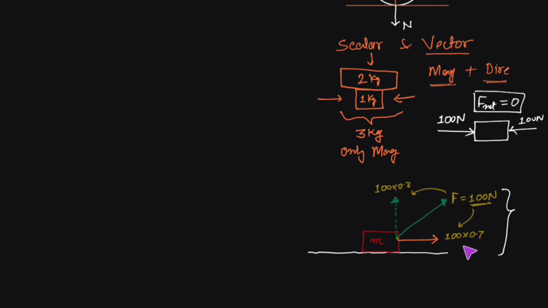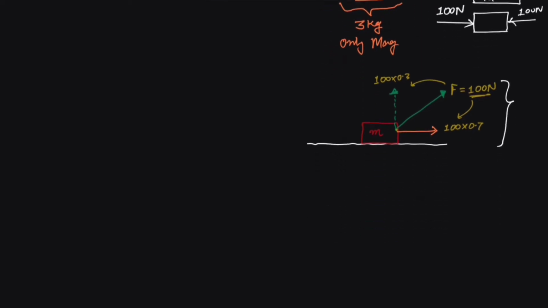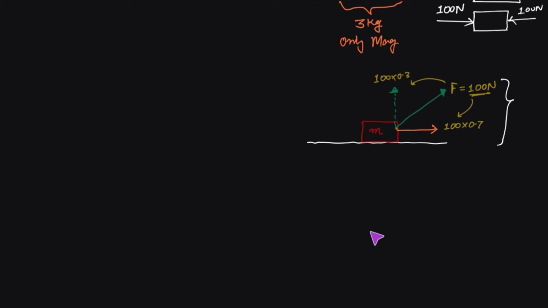So let us learn how vector resolution works. If we know a vector quantity, it can be velocity, it can be force, it can be any vector quantity. But here we are considering, say, force. And this is suppose a surface, and the force is acting at an angle of theta. So we can find the effect of this force in different directions. In a direction which is inclined at an angle of theta, the effect or component of this force would be F cos theta.